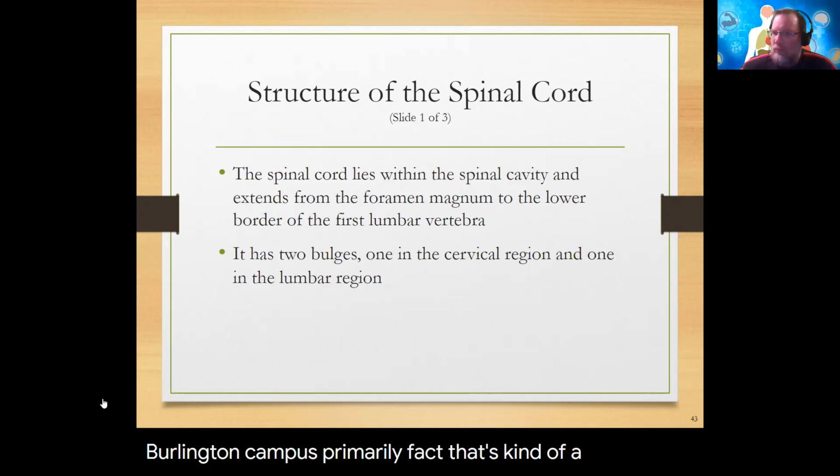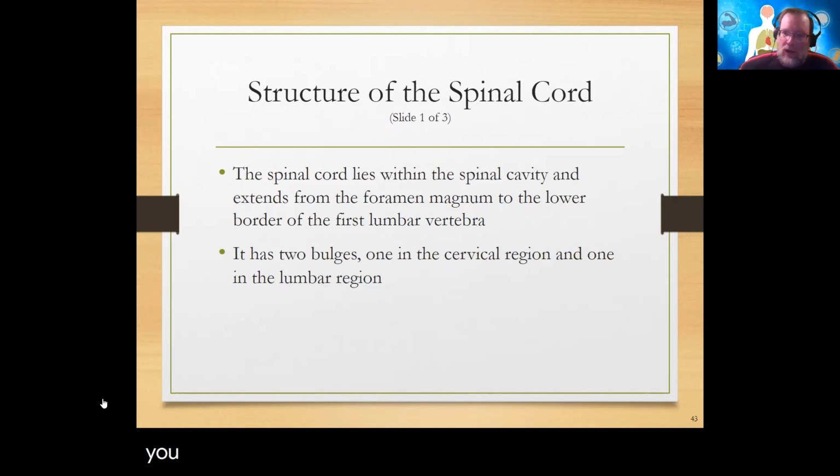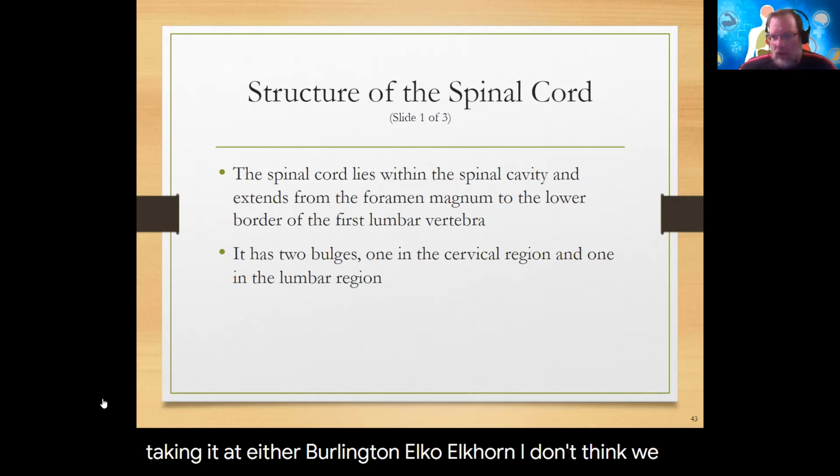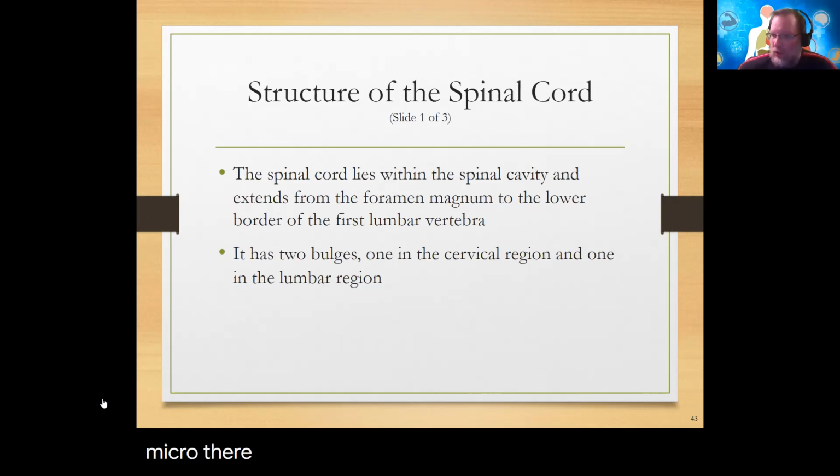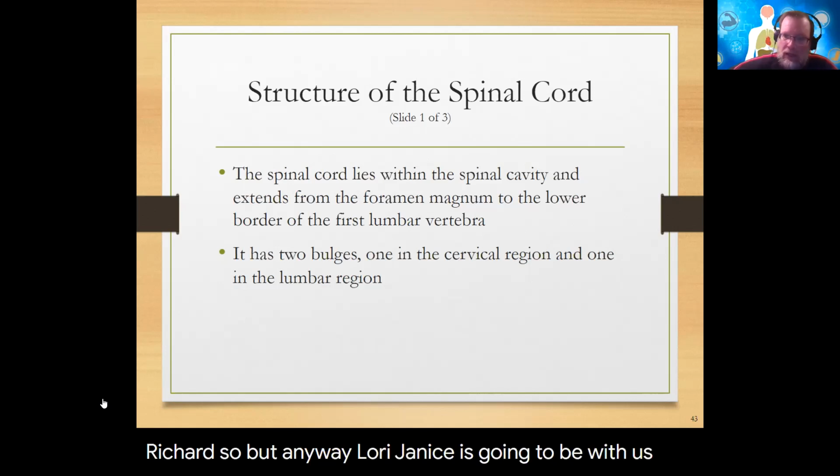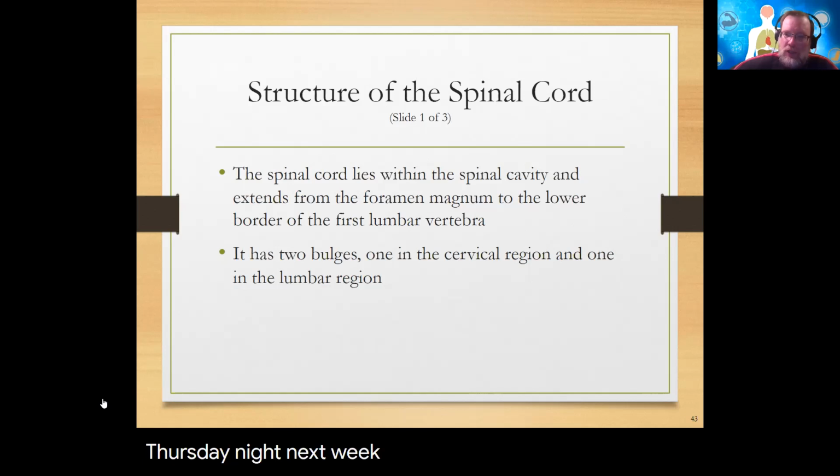That's kind of her home base, but she teaches microbiology. And those of you who have to take microbiology, you're going to be taking it at either Burlington or Elkhorn. I don't think we do micro there anymore, but we do at Burlington. Lori is going to be the one who teaches that. If you take it at Kenosha, you would have a different instructor, Richard. But anyway, Lori Janus is going to be with us on Thursday night next week.